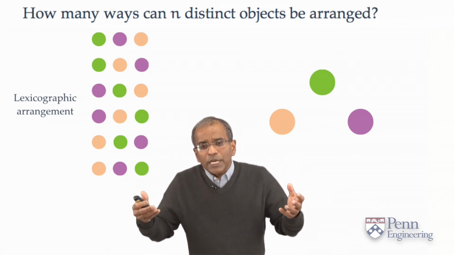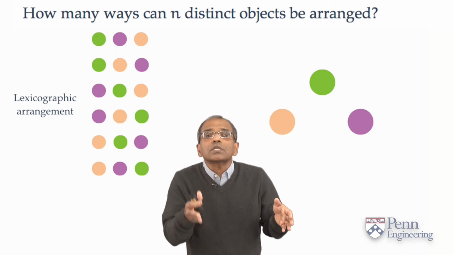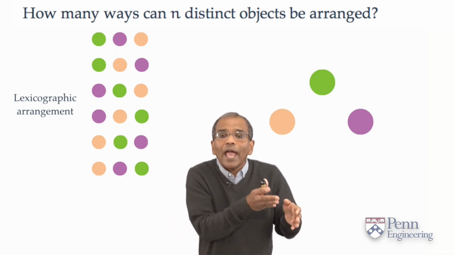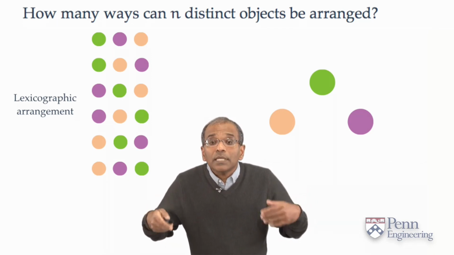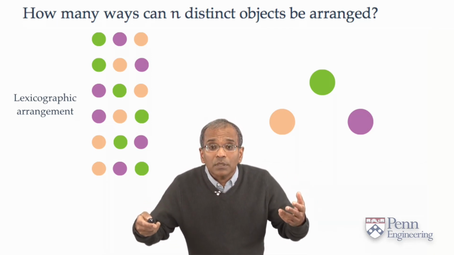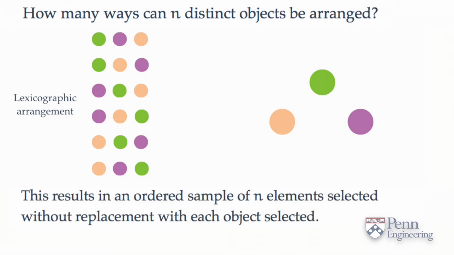Now, when you think about n objects, you realize that what we are trying to do is specify an ordered sequence of n objects where no object is repeated. That is what we mean by an arrangement, a permutation. In other words, every such arrangement results in an ordered sample of n elements.